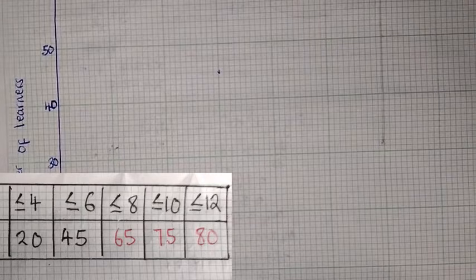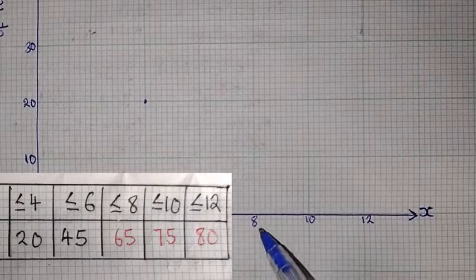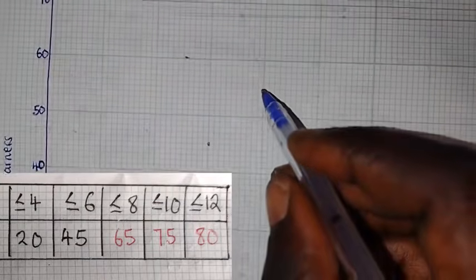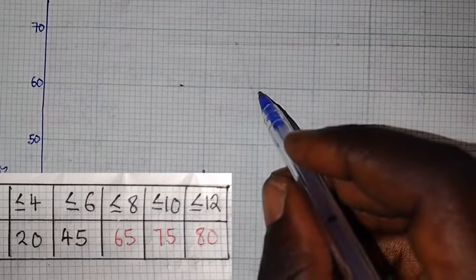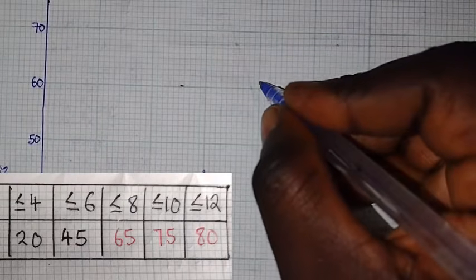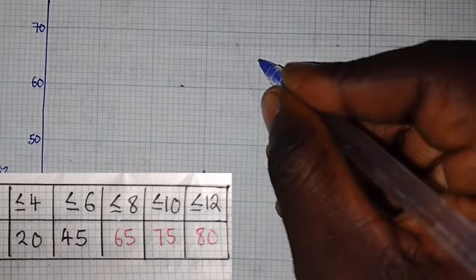Then the next one is 8, 65. On the x-axis, where is your 8? This is your 8. Then you go on top so that you find the 65. Our 60 is right here. 61, 62, 63, 64. This is the 65.